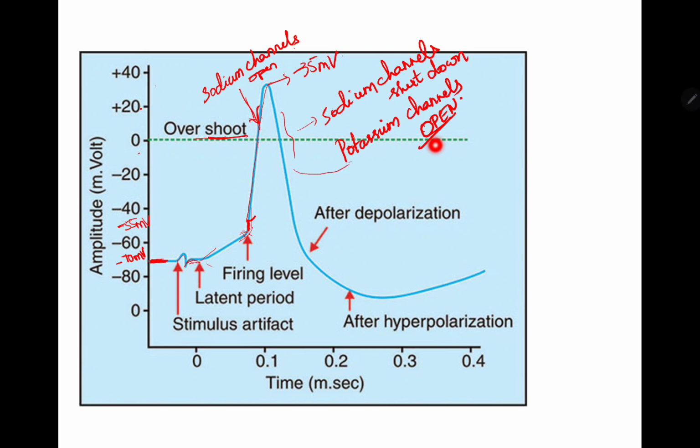The voltage drops fast backward, towards where? Towards minus 70. It will again come up to minus 70 millivolts.